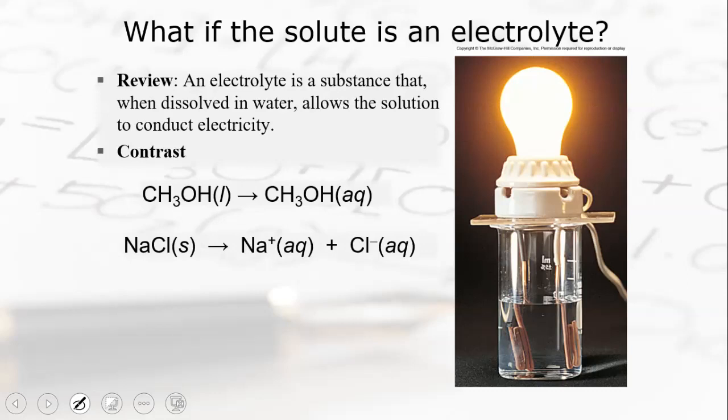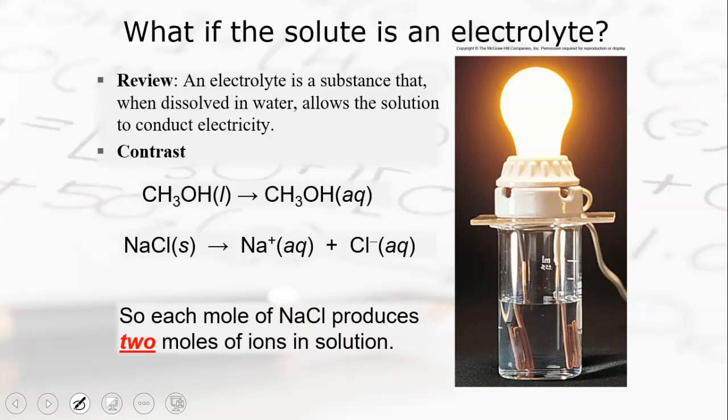And since colligative properties have to do with the numbers of particles, you can see where 1 unit of CH3OH dissolved in water is not going to have the same effect as 1 unit of NaCl. NaCl should give you twice the effect, right? Each mole of NaCl produces 2 moles of ions in solution.